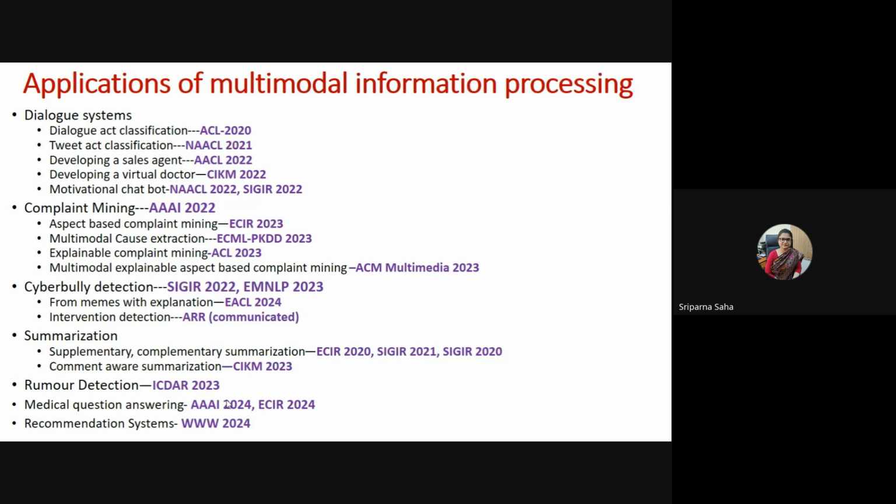Now Alexa or Siri can also take instructions from images. If the user is not able to express some information in text, the user can express it in terms of an image. Maybe the user is not aware of a color name. In that case, the user can simply show an image of the color, and Alexa or Siri can understand the color name from the image.